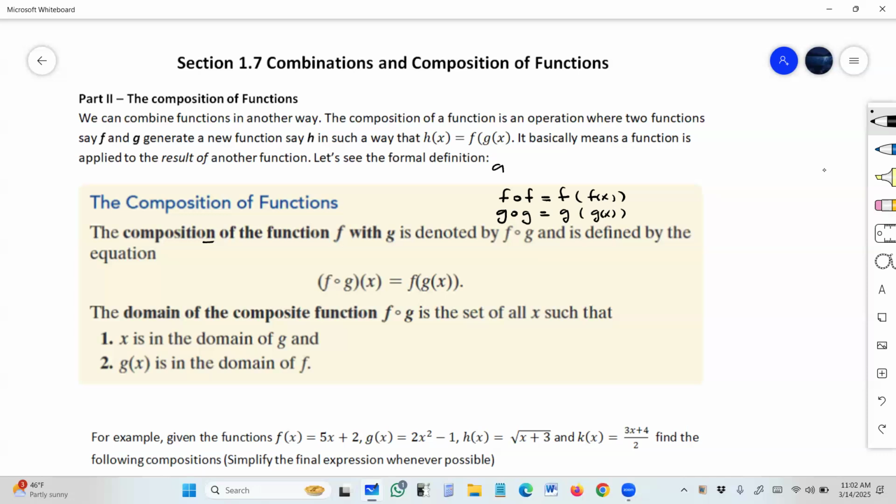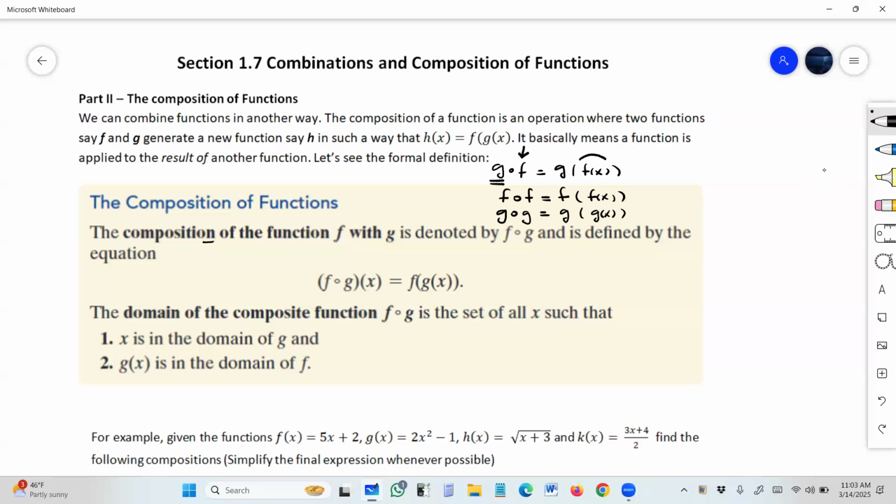We can do g compose f, which would be g evaluated at f of x. So we can do any composition that we want. And keep in mind that the function that comes after the composition is the one that goes inside the parentheses. The first function is the outside function.